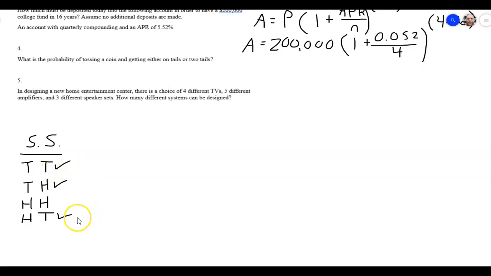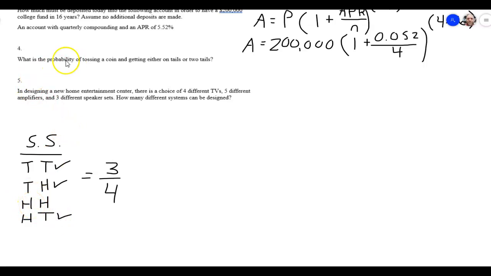Therefore, the probability of getting one of those results would be 3 out of 4. So I can just write that as 3 over 4. So I have a 3/4 or 75% chance to get either one tail or both tails. The only time that I don't get one of those results is if I flip both heads, and there's only a 1 in 4 chance that I do that.